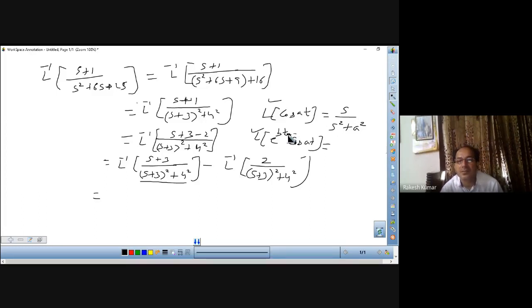What is the coefficient of t here? It is b. So in place of s, we write s minus b, and that gives (s minus b) square plus a square. So this is another formula by the first shifting theorem. With the help of this formula, we can get this formula.